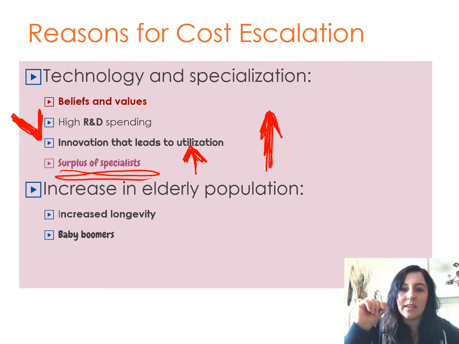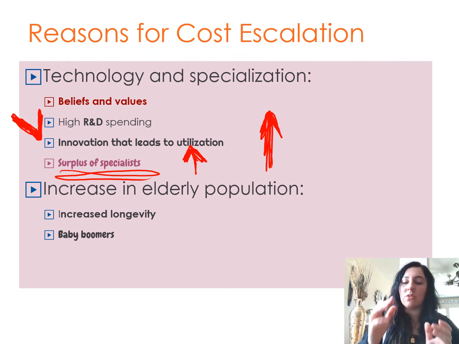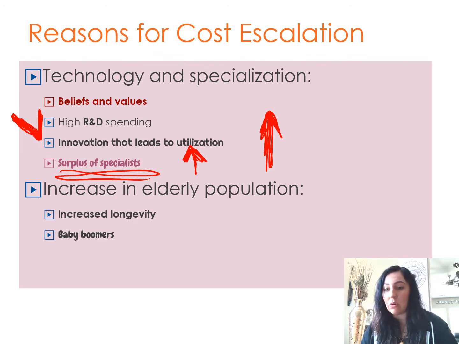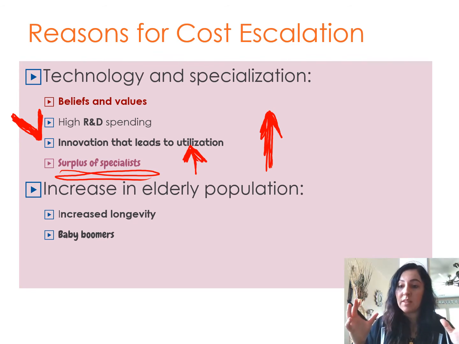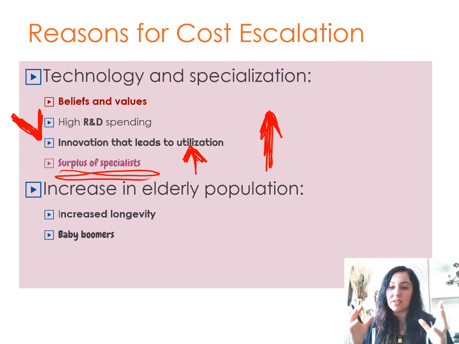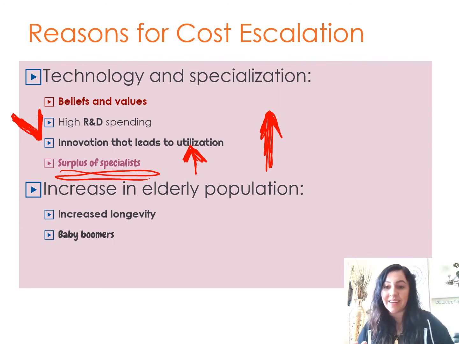Okay, so next, increase in elderly population, and we touched on this also earlier on in this video. The elderly population, or the older adults in this country, the baby boomers, they're getting older now, and it's a huge population. This is the first time in our nation's history where we had so many people retire at the same time.